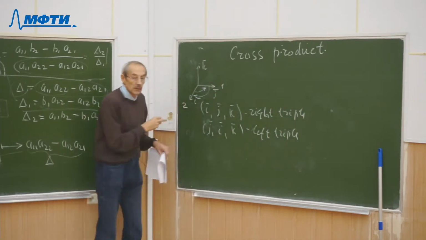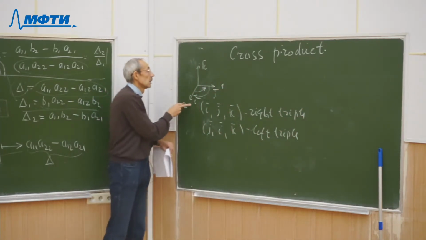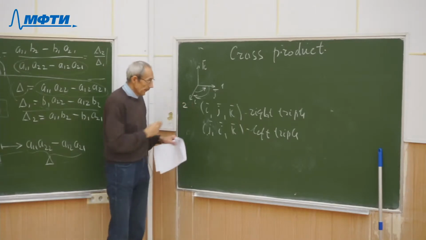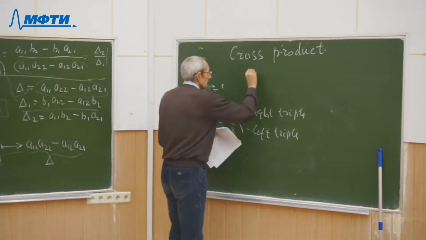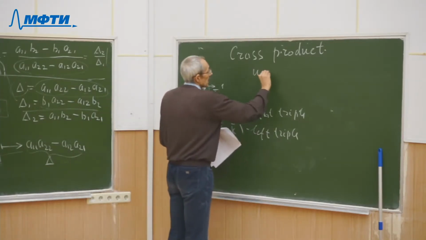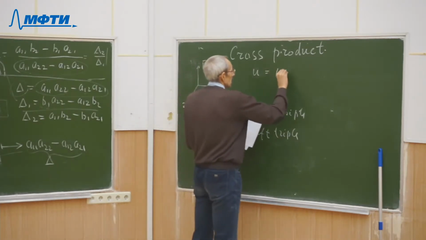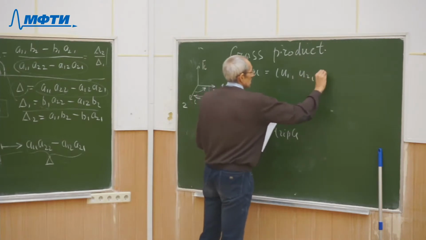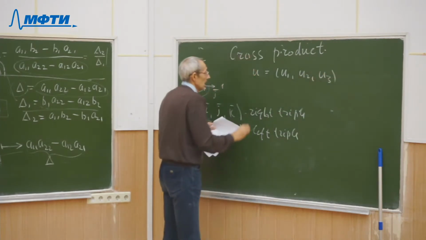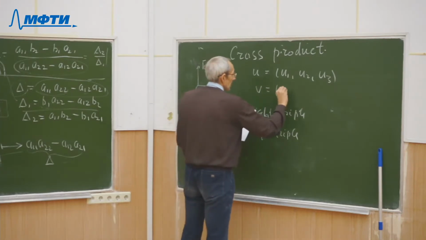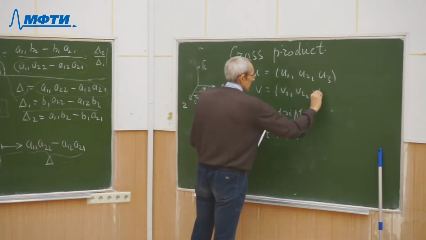We will suppose that we choose the basis as a right orthogonal basis, and in this basis the vector u has coordinates u1, u2, u3, and the vector v has coordinates v1, v2, v3.